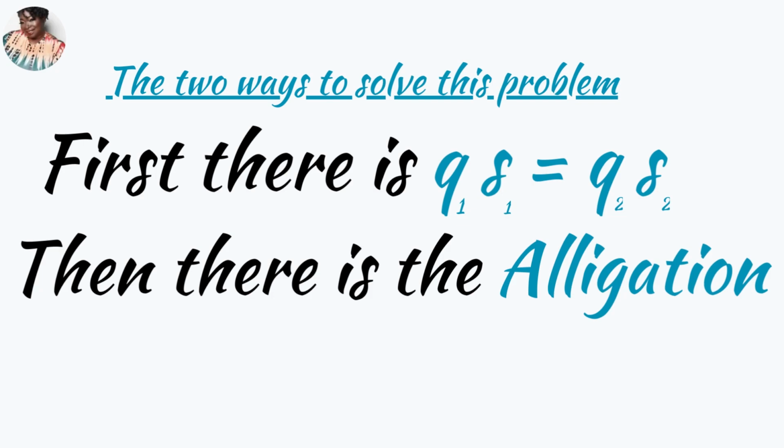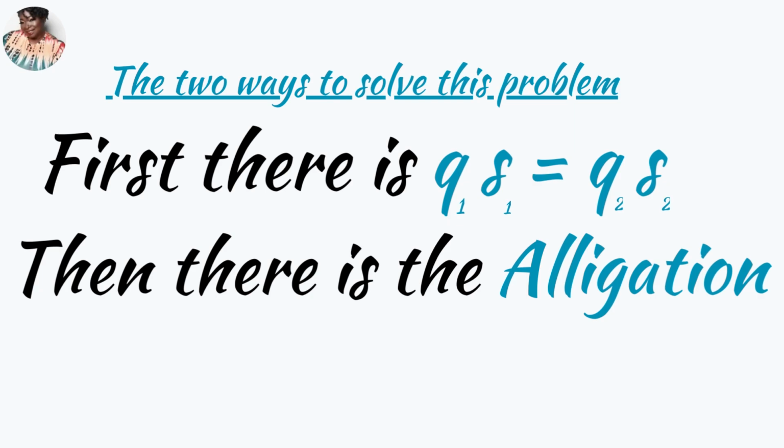Then there is a separate method for those that are a little bit more advanced called alligation. Now notice the spelling of alligation here is A-L-L-I, not A-L-L-E. A-L-L-E is an accusation. A-L-L-I-G-A-T-I-O-N is a mathematical matrix.